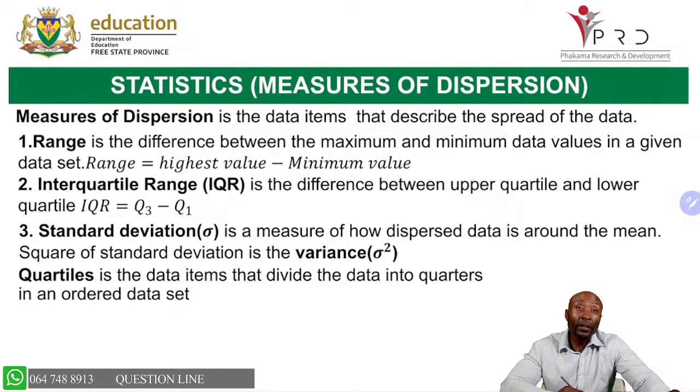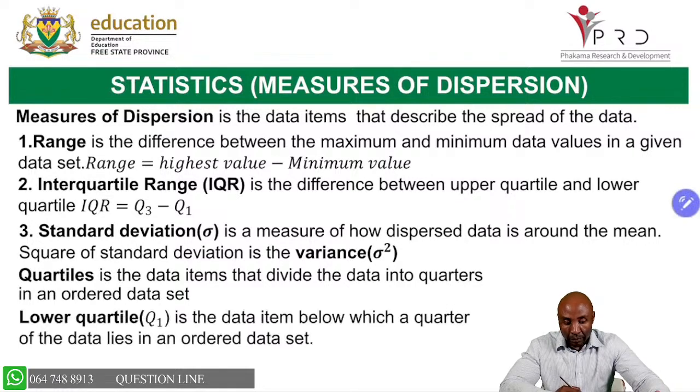So if I have 16 data items, it means the lower quartile will be in position number 4, the median in position number 8, the upper quartile in position number 12, and the maximum in position number 16. The minimum will be in position 1. That's how we group our data items.